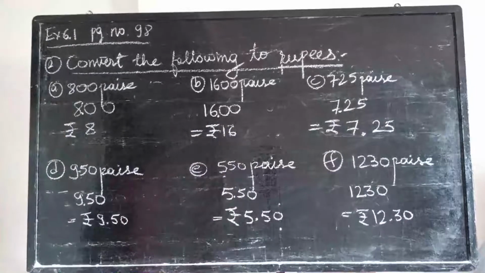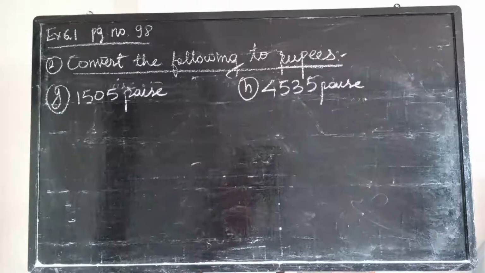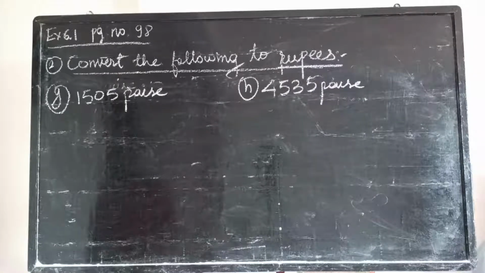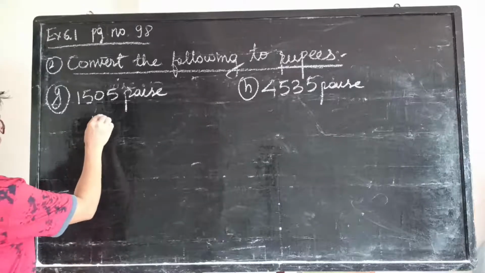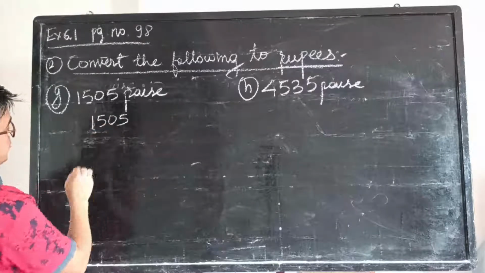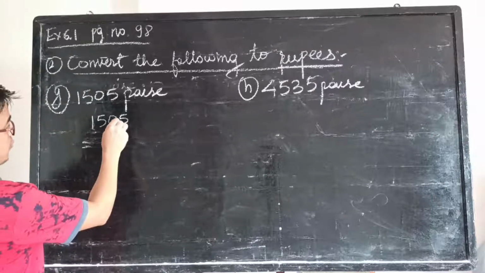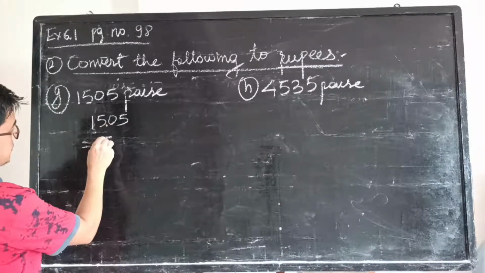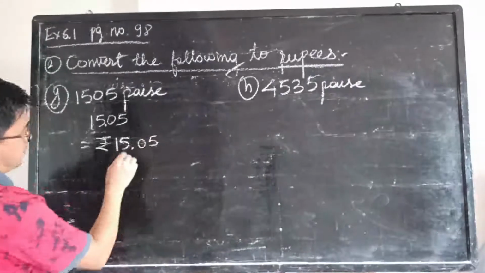Now I will do G and H. Now look at G. 1505 paise. Now leave 2 digits from the right and put a dot here. That is rupees 15 and 5 paise.